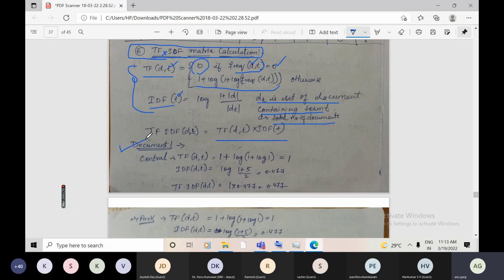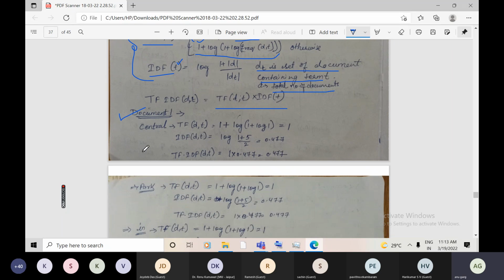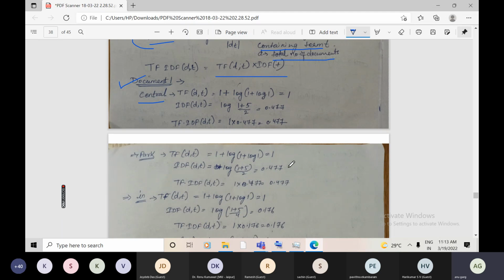Now for document 1, calculate TF-IDF for each term. I will just take one term, and then you can calculate similarly for all other terms. For park, in document 1, what is the value of TF? The formula is this.